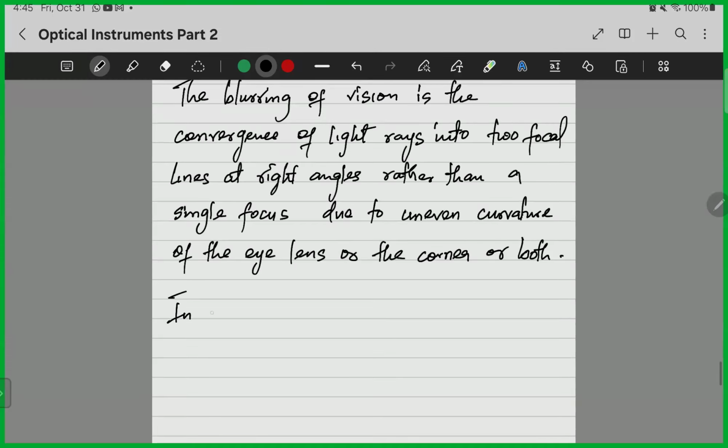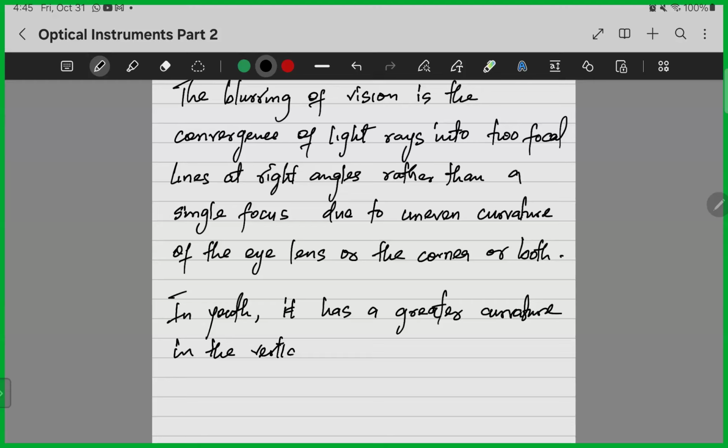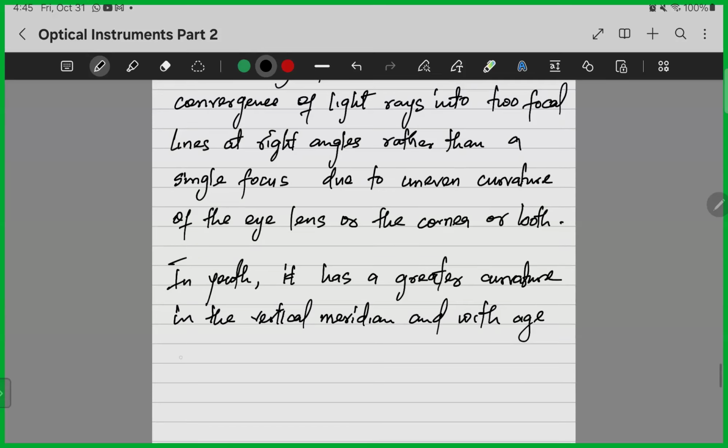In youth, astigmatism has a greater curvature in the vertical meridian, and with age it becomes greater in the horizontal.